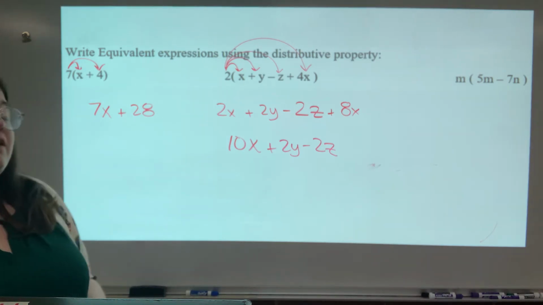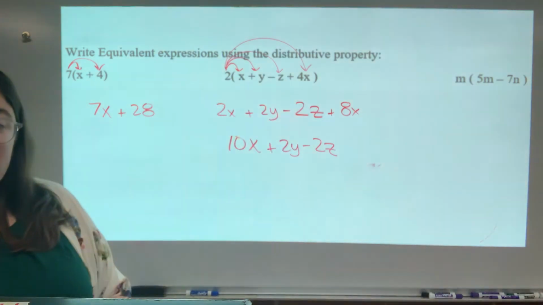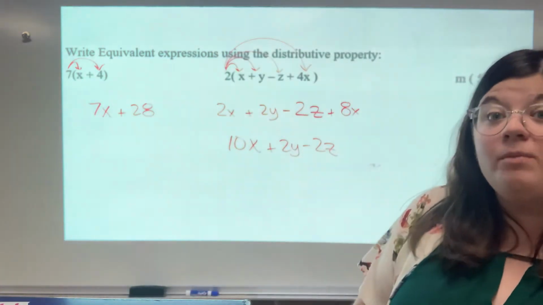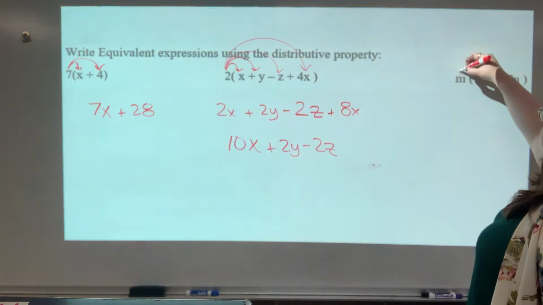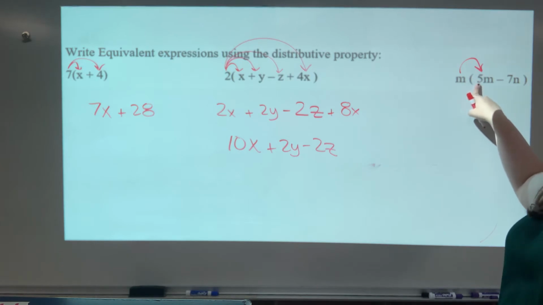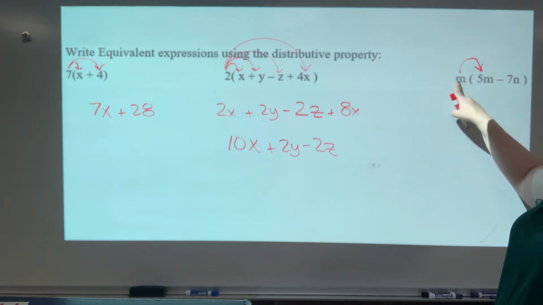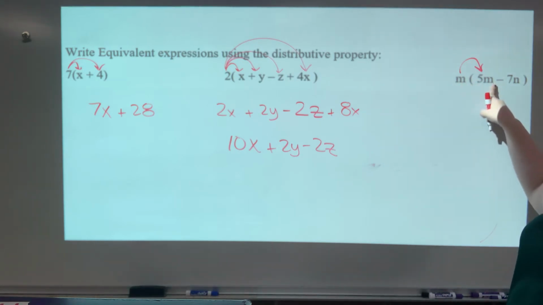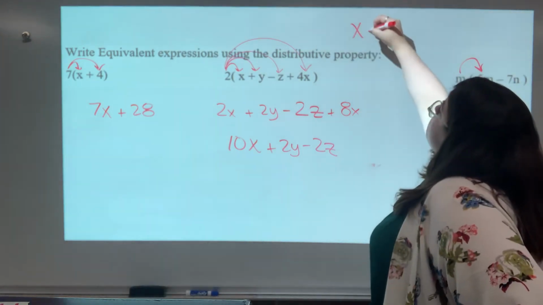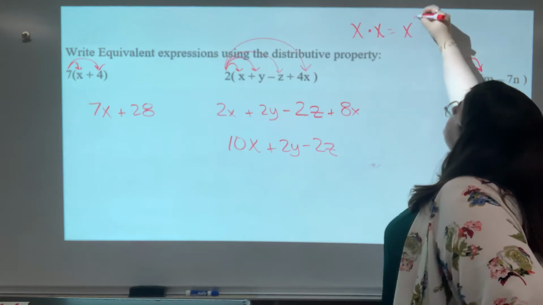This last one here, I have a variable on the outside of the parentheses. Same steps, just multiply your variable to every term. So this is going to be m times 5m. All right, m times 5 is not really going to do anything. But if I have m times m, that's the same thing as m squared. All right, so x times x is equal to x squared.